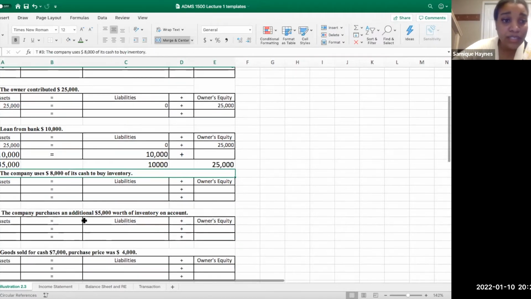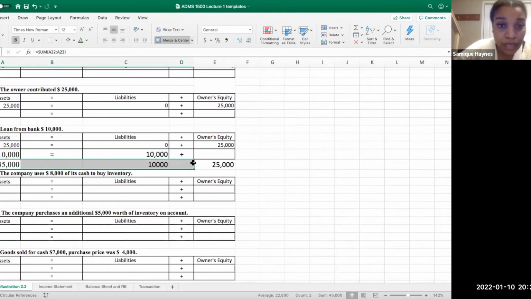The company uses $8,000 of its cash to buy inventory. What accounts can you think of that are affected there? Be specific. Cash. Very good, Joseph. So cash is going to go down by $8,000. That's right.